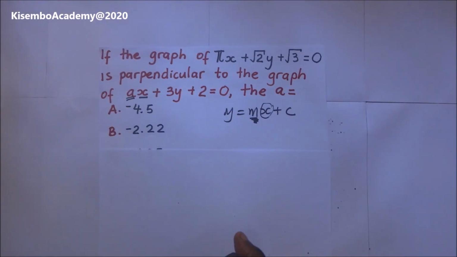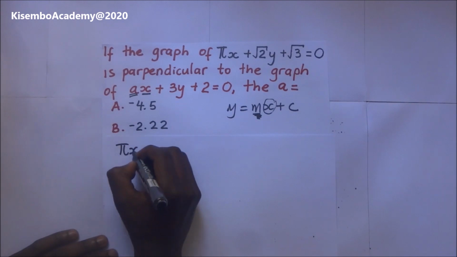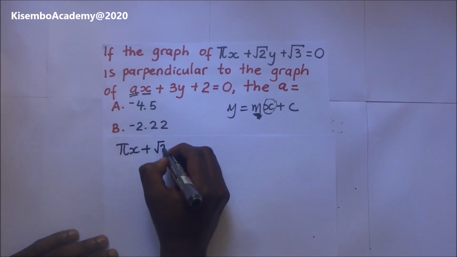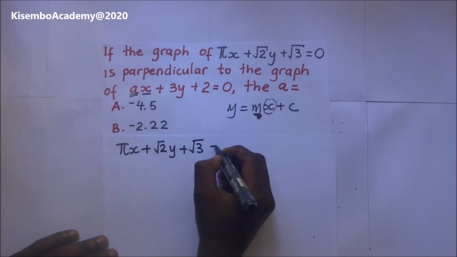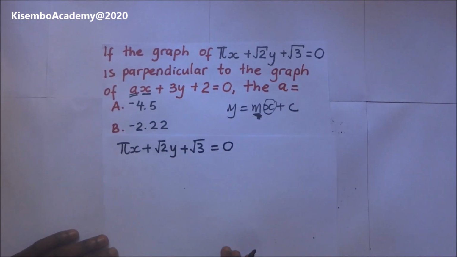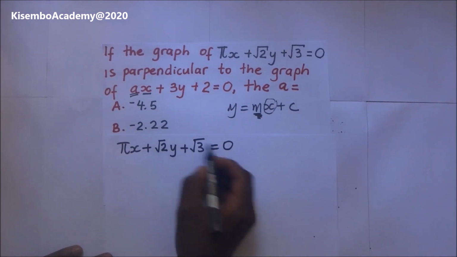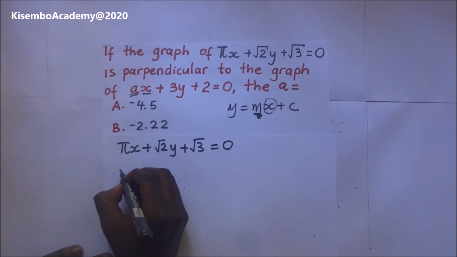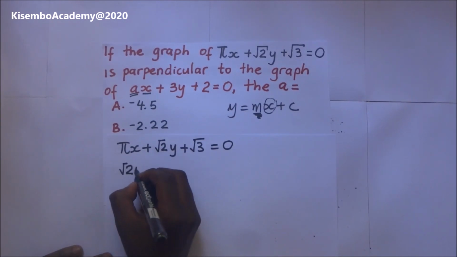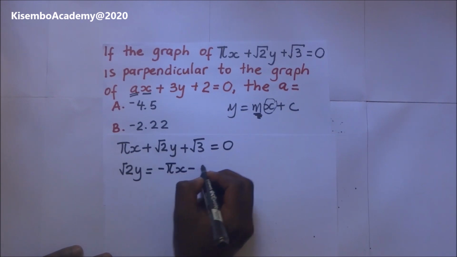So this is going to become this way. We have pi x plus square root of 2y plus root of 3 is equal to 0. What we're going to do here is make y the subject of the formula so that we convert this equation to the form y is equal to mx plus c. So this means root of 2 y is going to be given by negative pi x minus root 3.